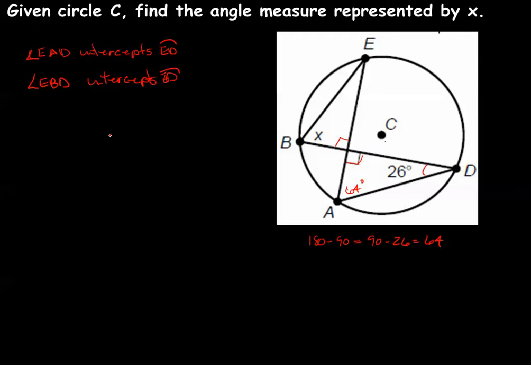Forgot to put my E in there. Okay, so that means that the measure of angle EBD is going to be equal to the measure of angle EAD because they intercept the same arc. That's what we learned with that corollary about two inscribed angles. If they intercept the same arc, they're going to be congruent angles. So that means that X is going to equal 64 degrees.